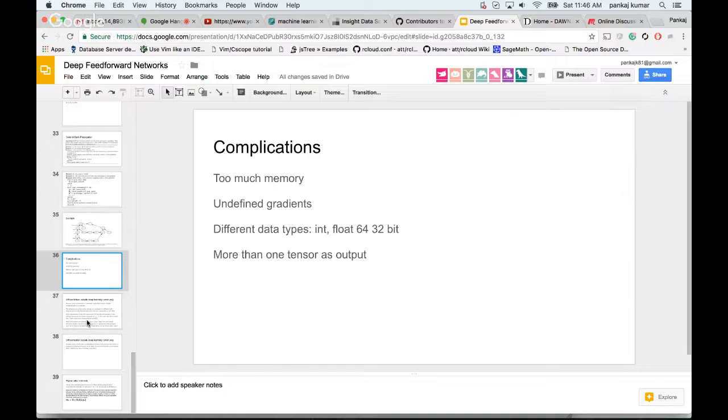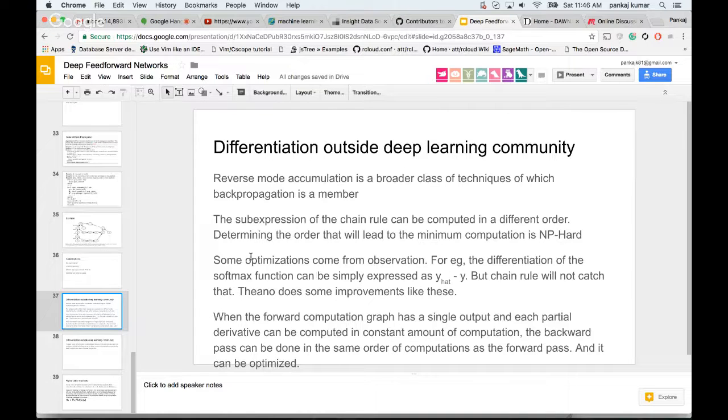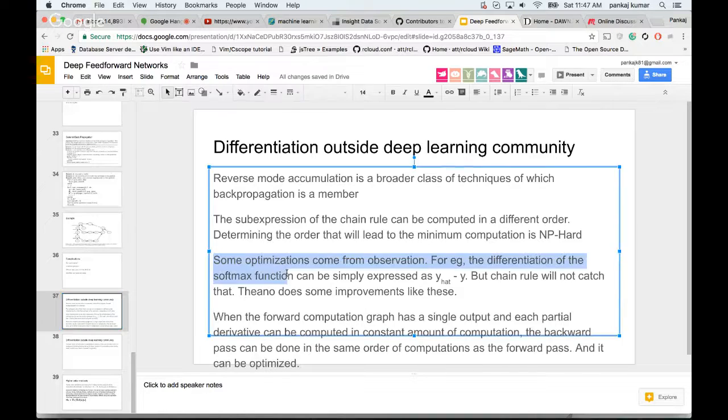So for example, they talk about this particular optimization. I was going to come to this later, but I'll just mention it: a softmax function, for example, can be easily differentiated.